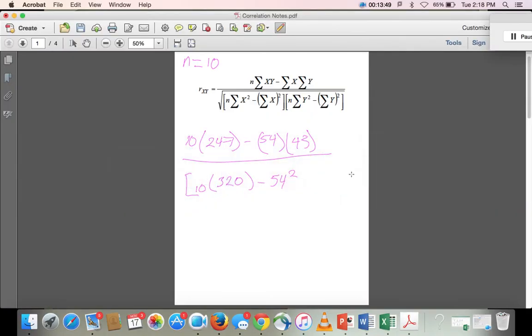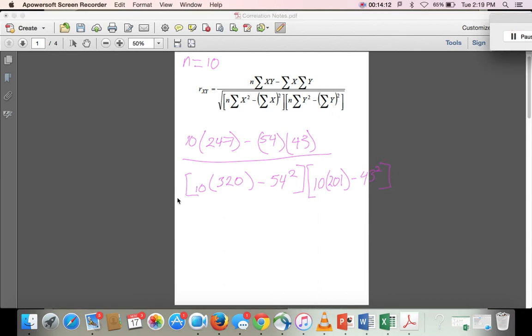So 54 squared, close the bracket off there, times 10 times, in this particular case, 201, minus the sum of y squared, which would be equal to 43 squared.